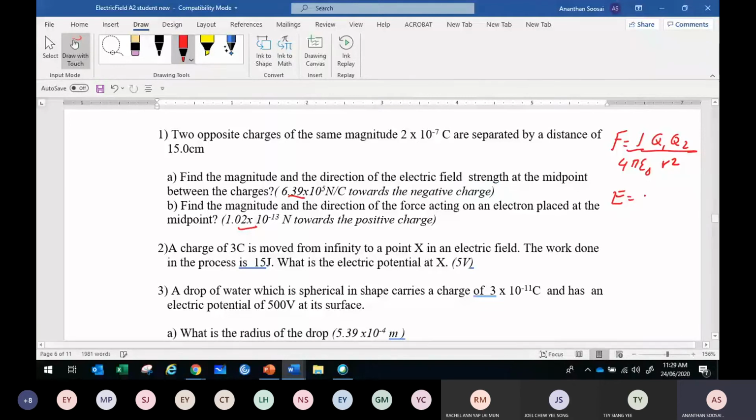Electric field strength is 1/4 pi epsilon naught Q over r squared. Here instead of Q1 Q2, I'll put capital Q, small q. Capital Q is the center charge, small q is the test charge. For the electric field, the center charge survives. So come on, 2 minutes. Get me the answer for part A.